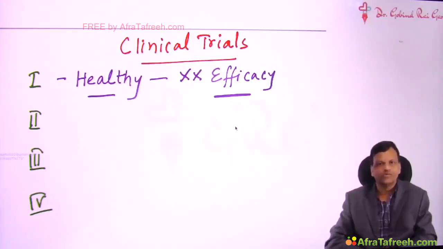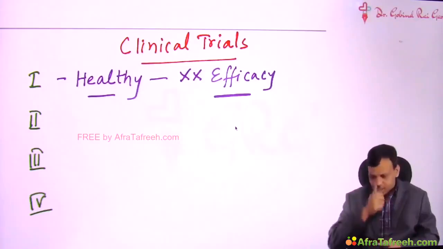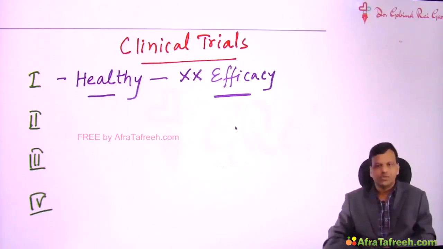And how do we find the dose of the drug? From the animal studies, we extrapolate the human equivalent dose. But that dose comes in a big range, like 50 to 500 milligram.